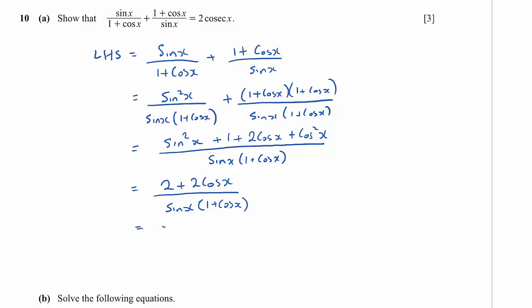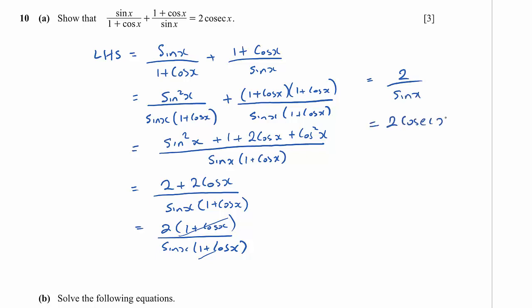Factorize the top, and then we've got 2(1 plus cos x) over sine x (1 plus cos x). We can cancel a 1 plus cos x, and then we've got 2 over sine x, which is 2 cosec x as required.